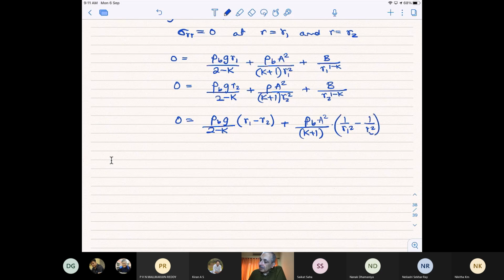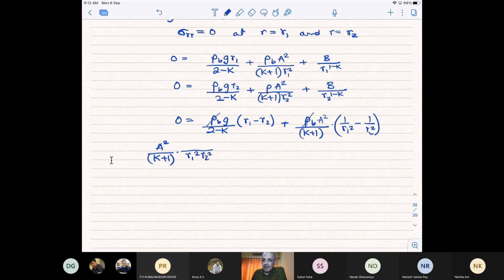Now this is going to be a positive number. If we do a little bit of rearrangement, you can see first of all that rho b cancels out, and you will get a squared divided by k plus 1 into, now if I take the common denominator as r1 squared r2 squared.